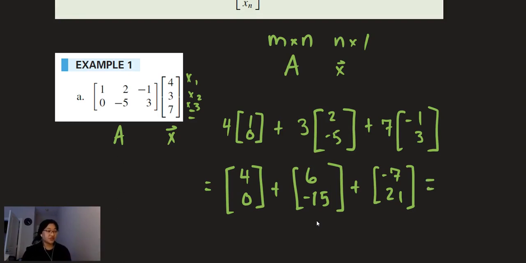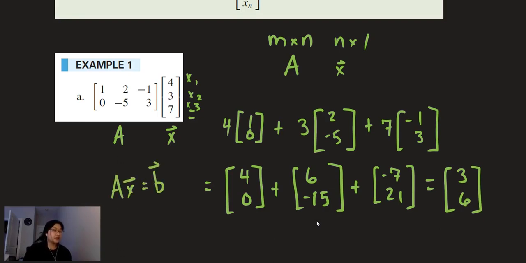So we got 4 plus 6 plus -7 is 3. And then 0 plus -15 plus 21 is 6. So the result is the vector (3, 6). So AX equals B, where in this case our vector B is (3, 6).